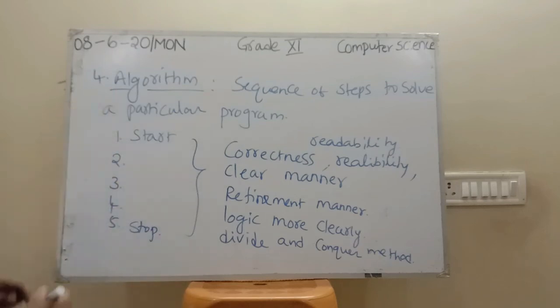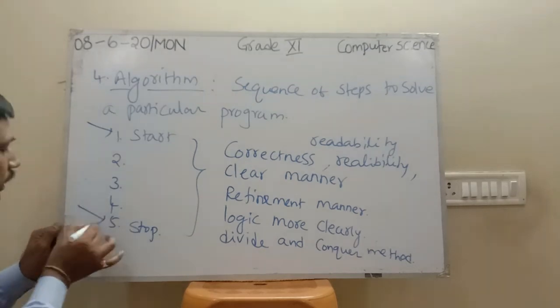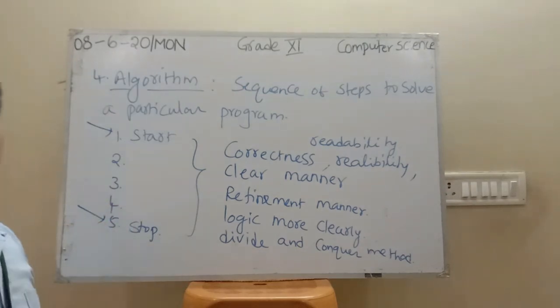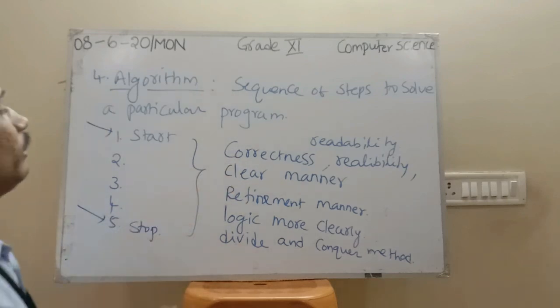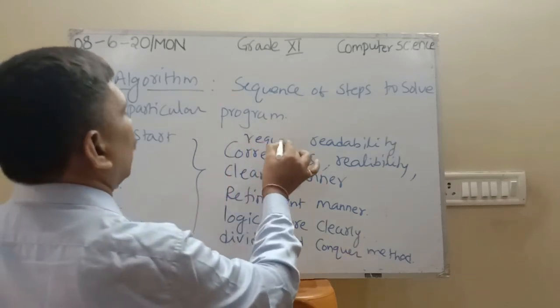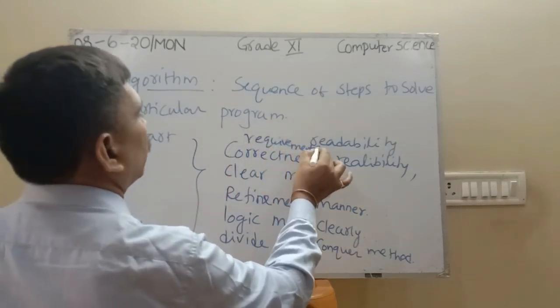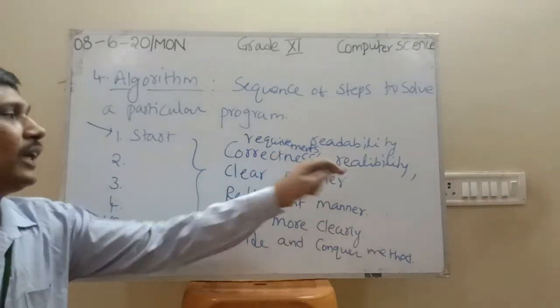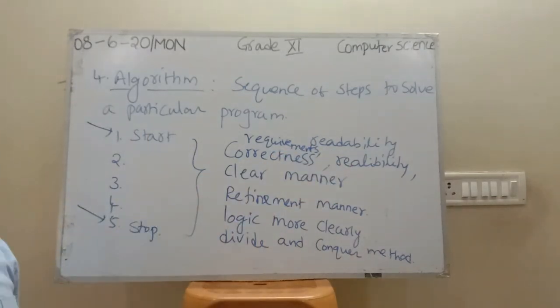We implement a problem starting from the first step, and when we reach the end step, our required output is obtained and we meet our requirement. That is correctness. We meet all the requirements of the problem by using this algorithm.